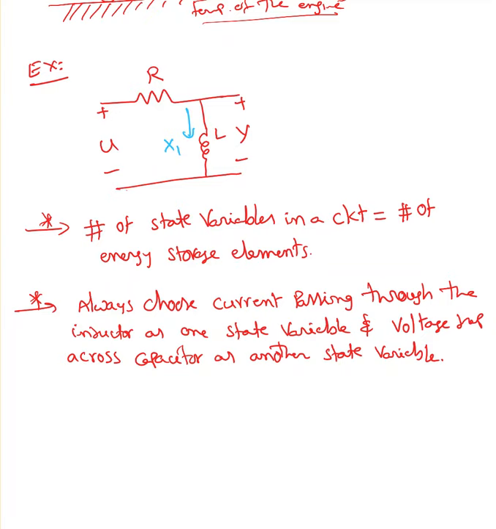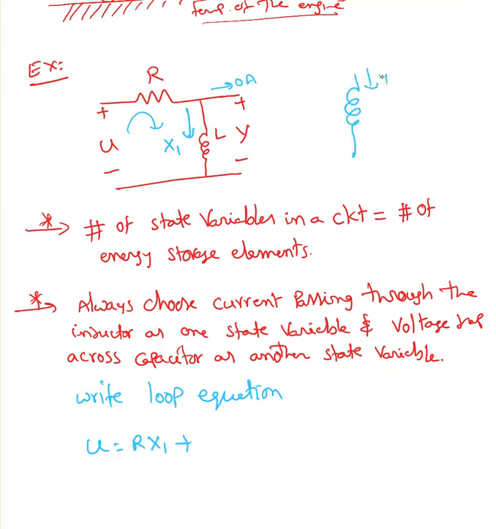Now I'm going to write down the loop equation. These are open terminals, so no current is passing through them. So u equal to R x1 plus the voltage drop across the inductor. If the current passing through the inductor is x1, then the voltage drop across it is L times dx1 by dt, so L times x1 dot.